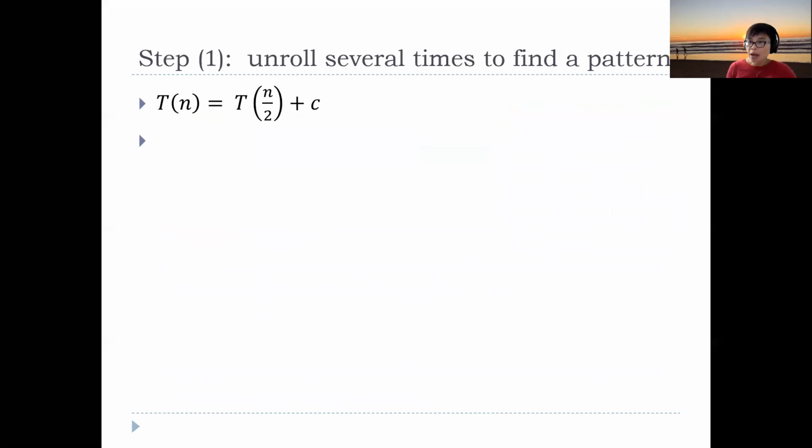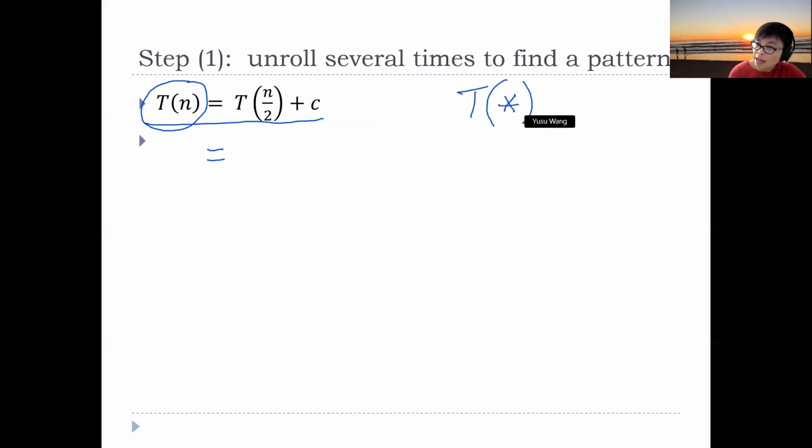So step one, we unroll it a few times to see whether we see a pattern. What does that mean? Note that this is a general formula. What is this relation really saying? If I give you a problem of size star, then whatever the current size is, the time for that can be written as the time for half of the size plus a constant.